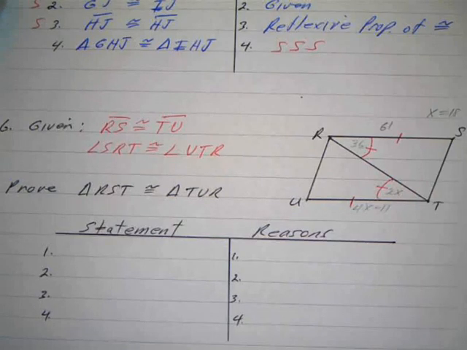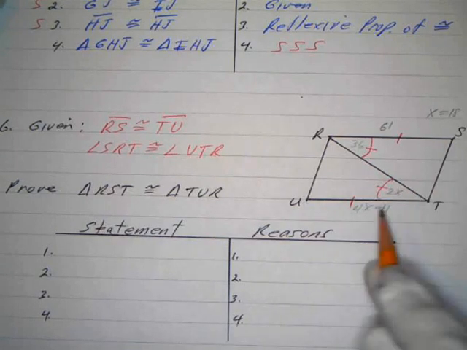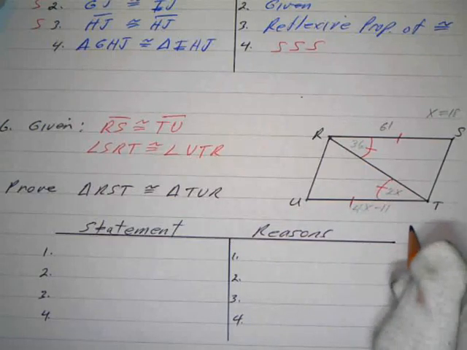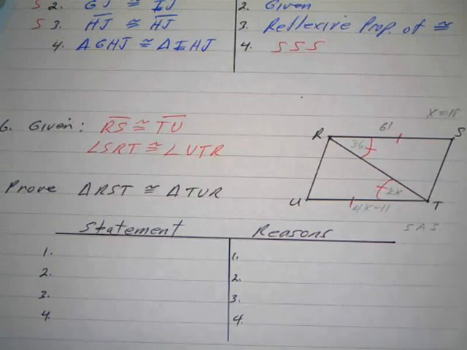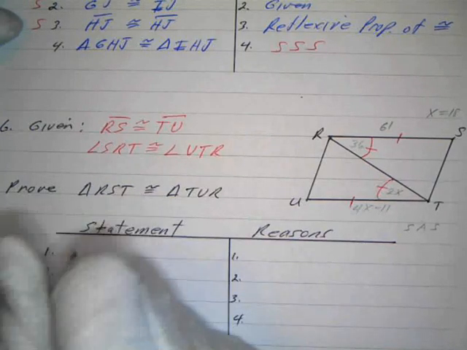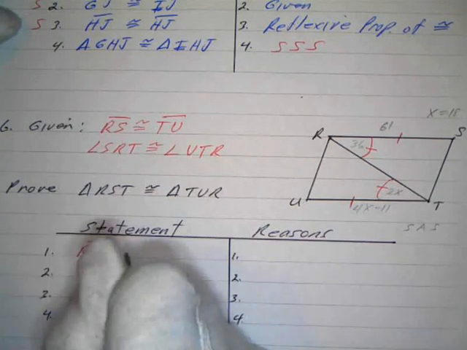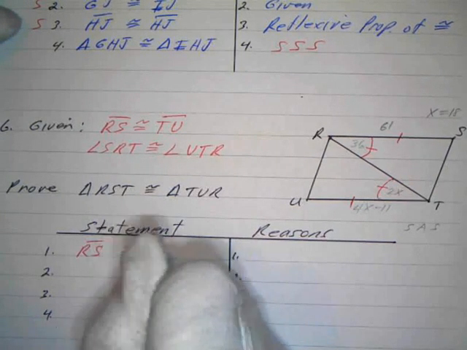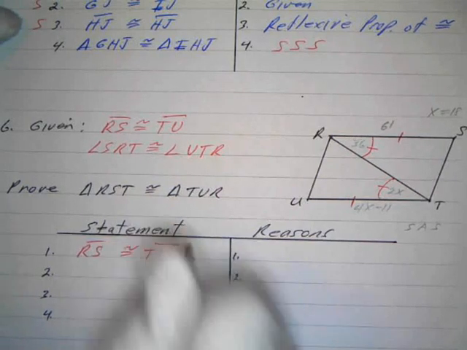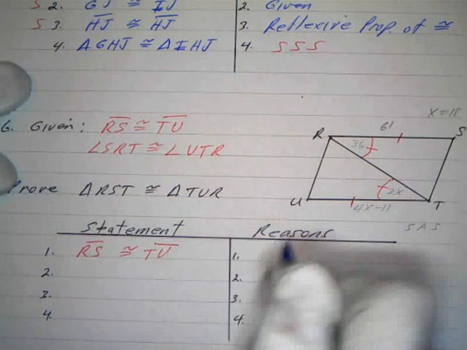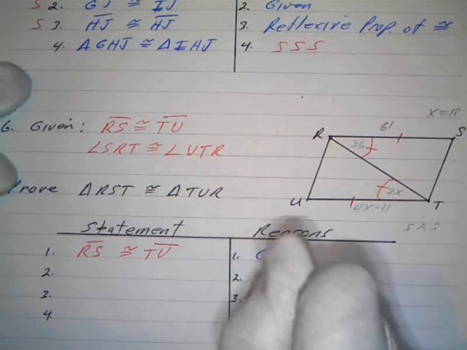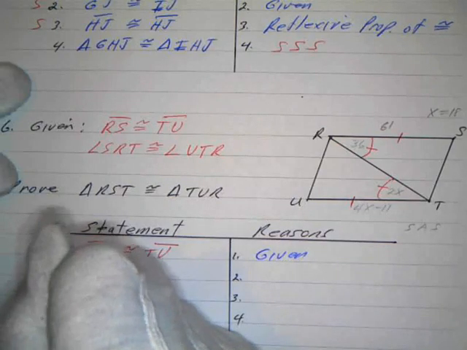I've marked those. Now we have two ways to prove triangles congruent: side, side, side, or side, angle, side. Well, since I have a side and an angle, it looks like I'm probably going to go side, angle, side for my strategy. So what I'll do is I'll write down what I have given so far. RS is congruent to TU, and that was a given.